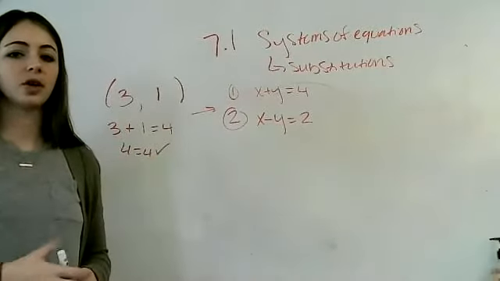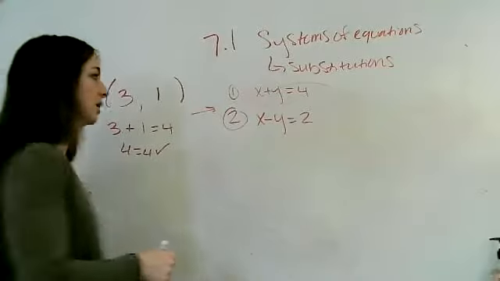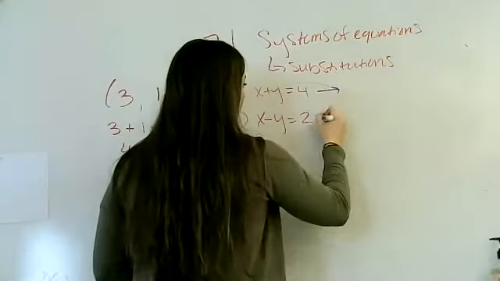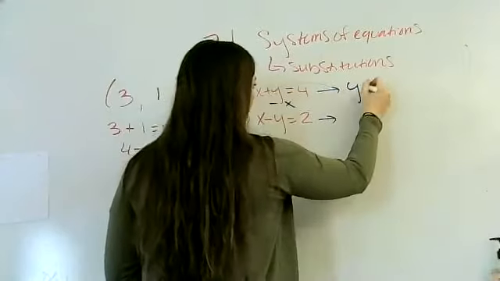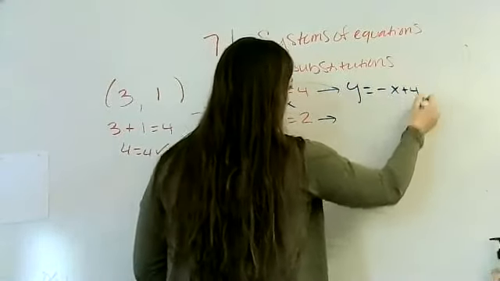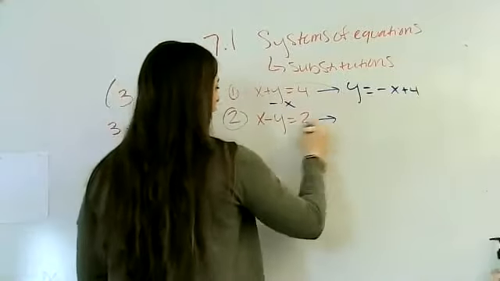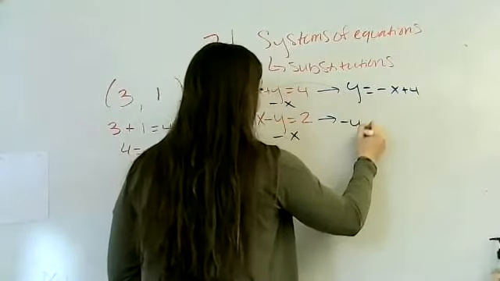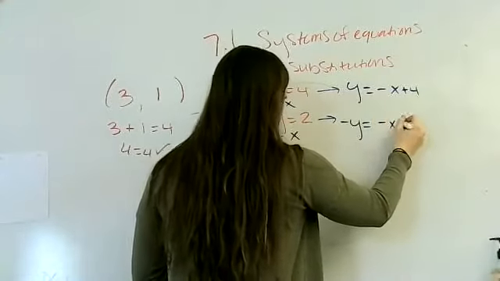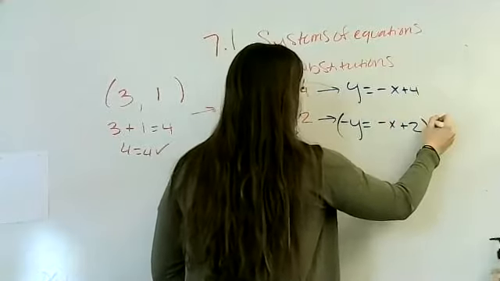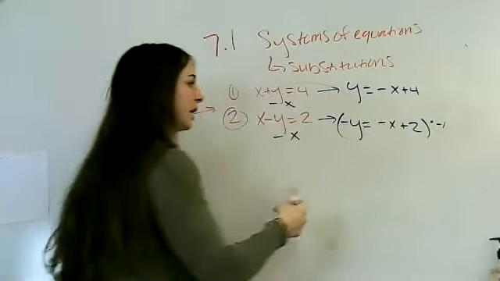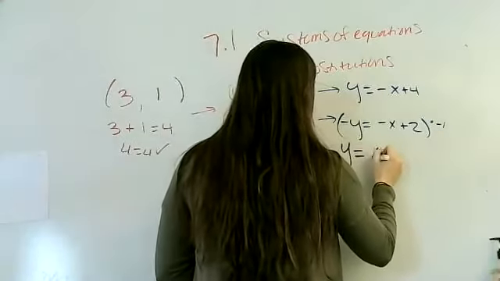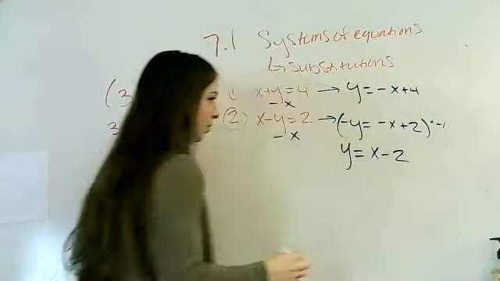I'm specifically telling you I need these all with y isolated. So in this case, we'll just subtract x to give me y equals negative x plus 4. In this case, we're going to have to subtract x, but I get negative y equals negative x plus 2. So there's one additional step, and I have to multiply by negative 1. Again, I want y isolated, not negative y. So y equals positive x minus 2.